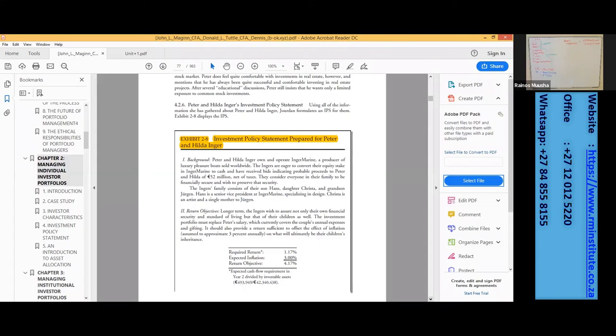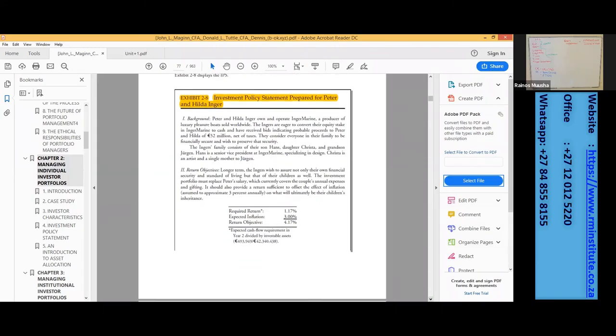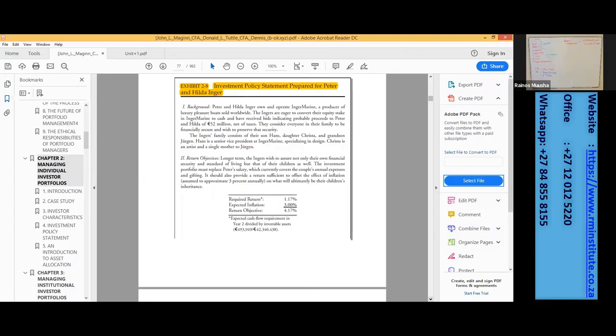So the preparation of the investment policy statement for the Inga family can be done as follows. First, you look at the background, where they say Peter and Hilda Inga own and operate Inga Marine, a producer of luxury pleasure boats sold worldwide. The Ingas are eager to convert their equity stake in Inga Marine to cash and receive bids indicating probable proceeds to Peter and Hilda of 52 million net of taxes.